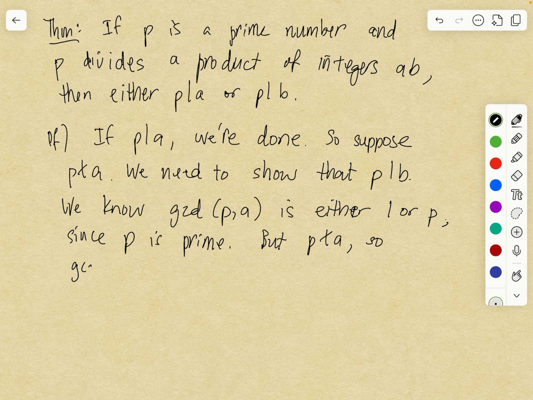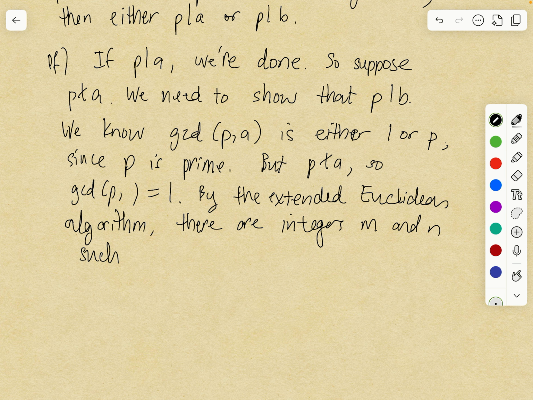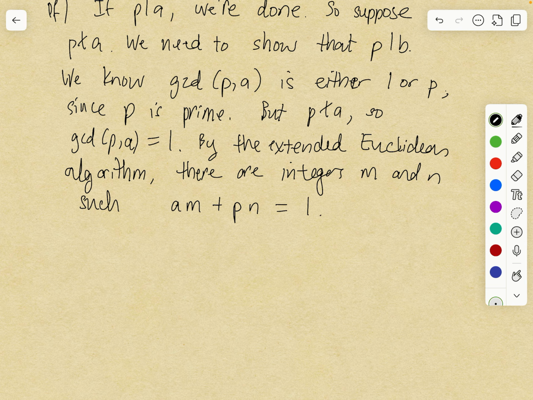So the GCD of p and a is 1. And now, by the extended Euclidean algorithm, there are integers m and n such that am plus pn equals 1. That's just what the extended Euclidean algorithm tells us.